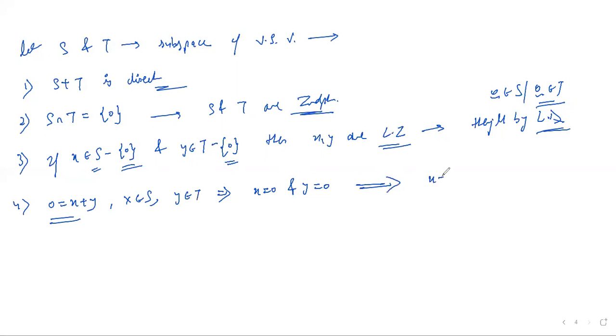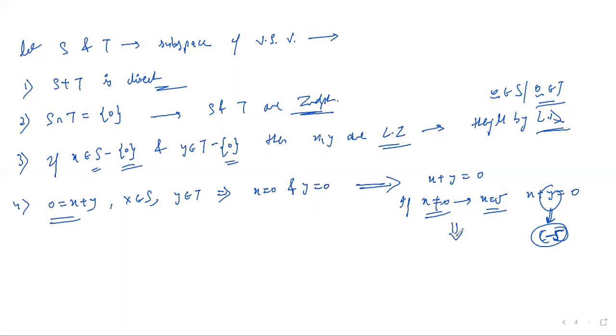Because if x is not equal to 0, let's say x equals 5, then for the whole sum to be 0, there is a restriction on y: y has to be minus 5.